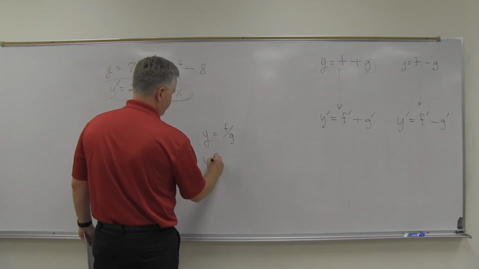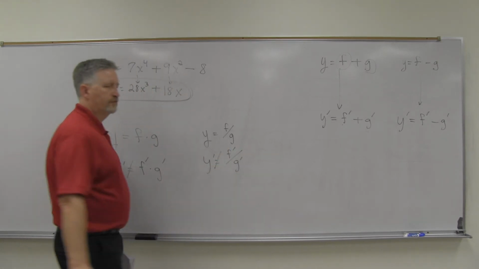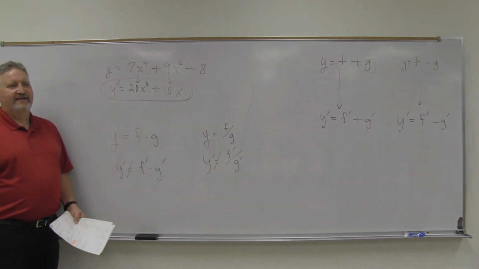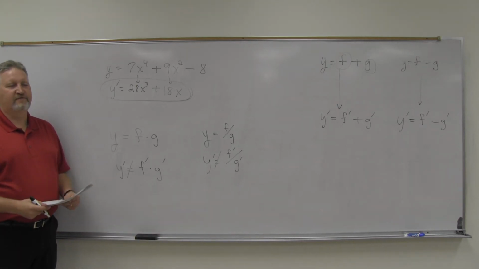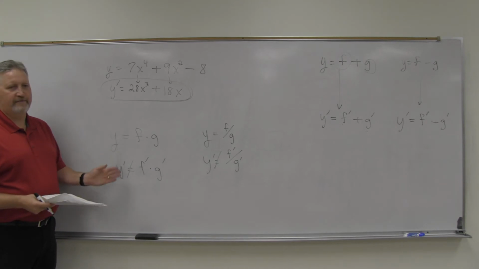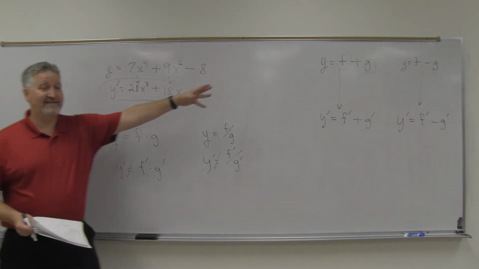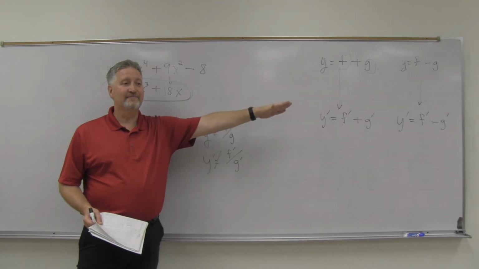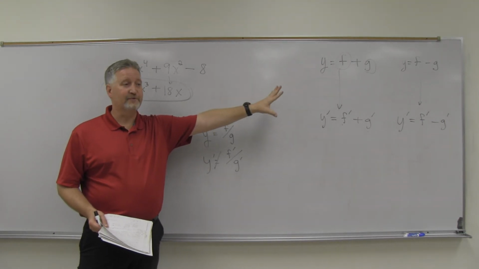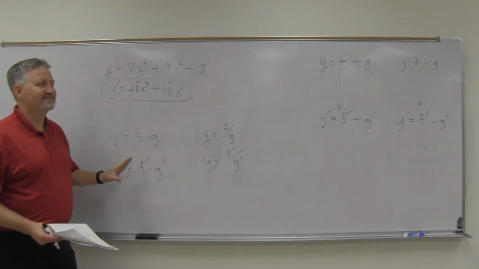Turns out the derivative is not f prime divided by g prime, unfortunately. And we'll talk about, if we have to go to a formula, what those are. But for right now, just know you can't do it as nicely as the plus and the minus. So those are really nice. It doesn't always work on all operations.